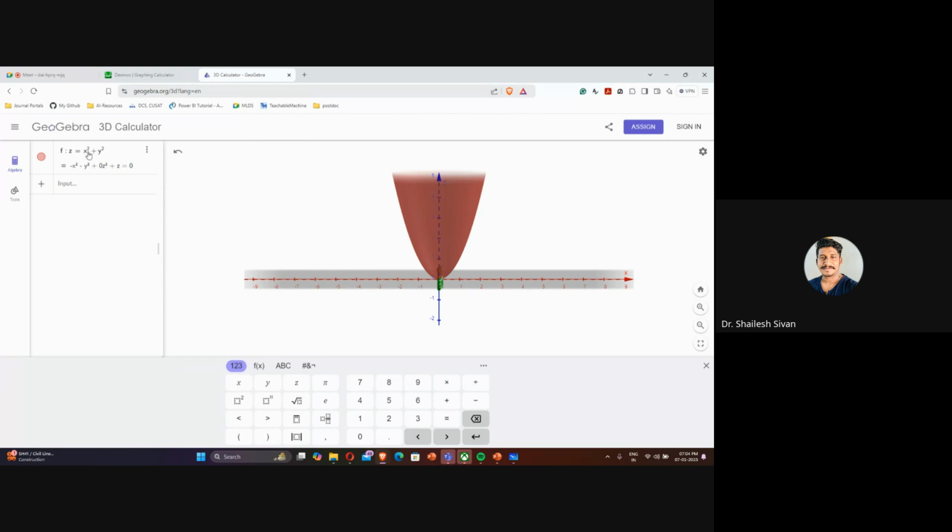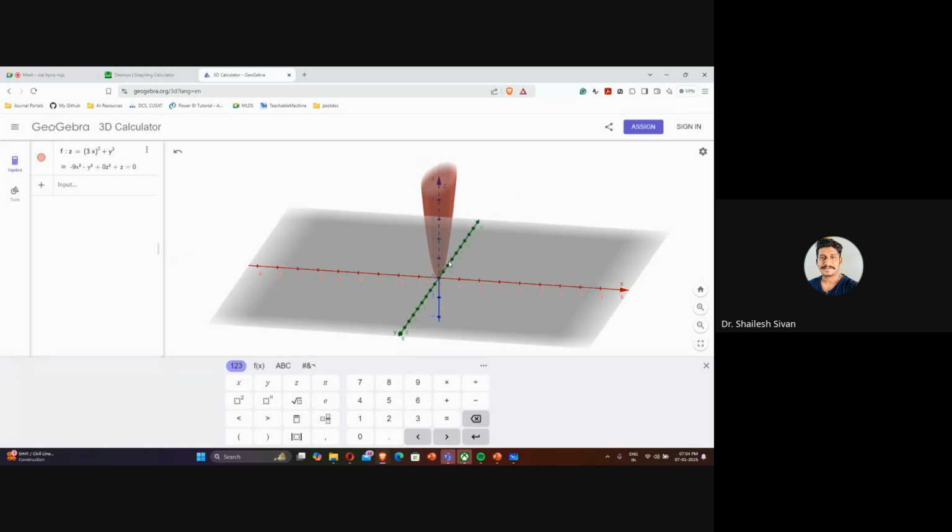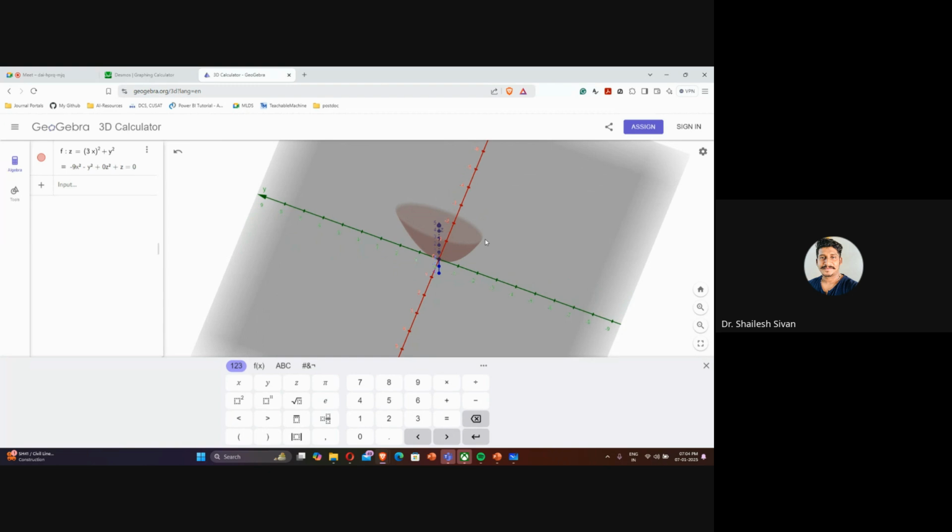But in the case of a function like this, x minus 5 the whole square, what is the peculiarity here?